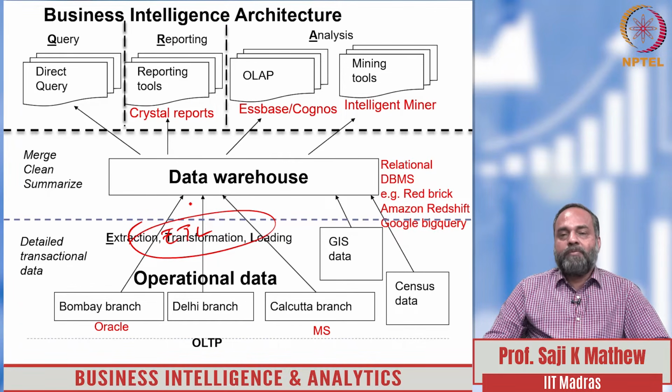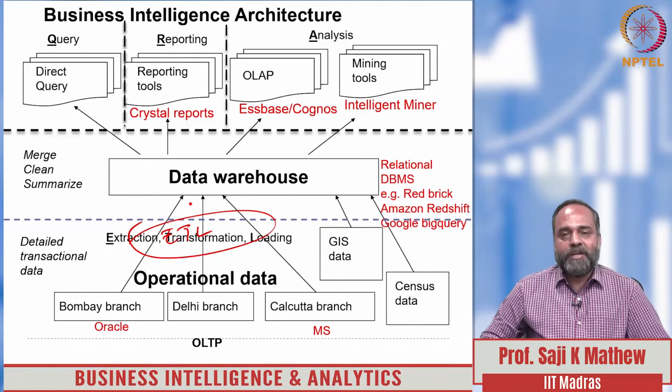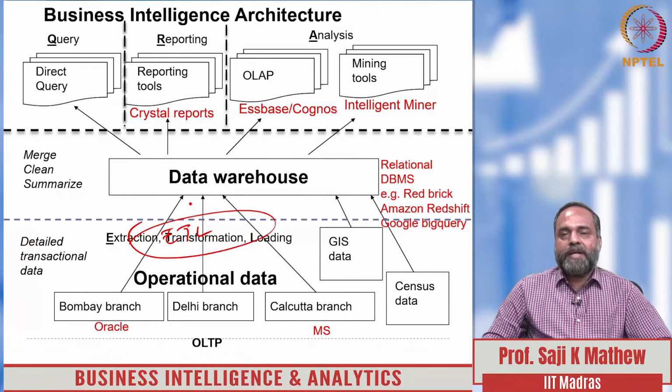Now I would say this particular representation of the BI architecture is very conventional, very traditional, and it doesn't take into account the current developments in analytics and data science.